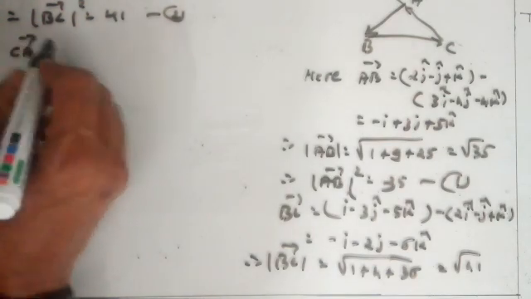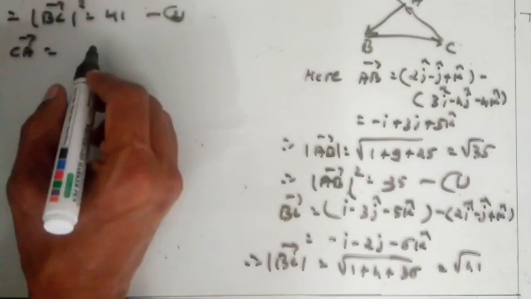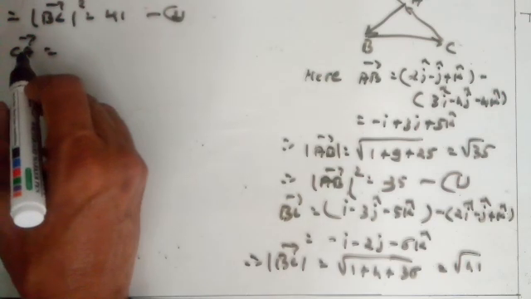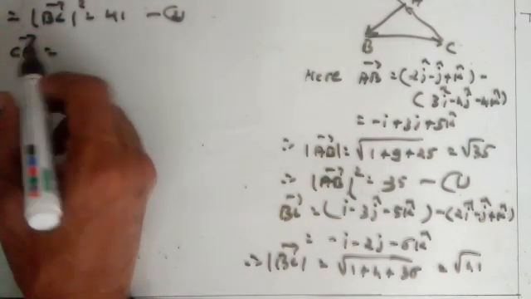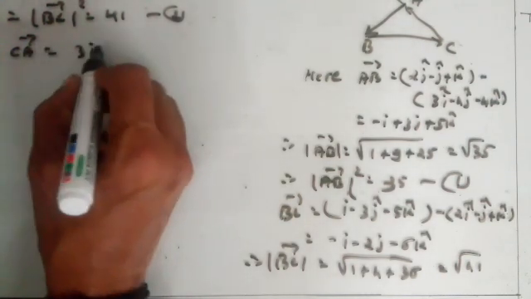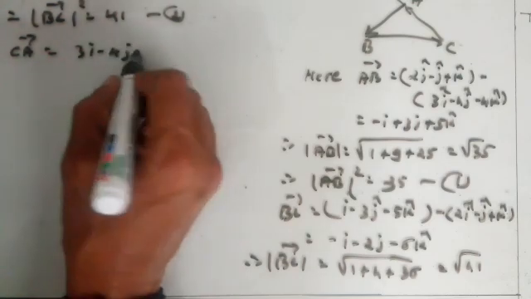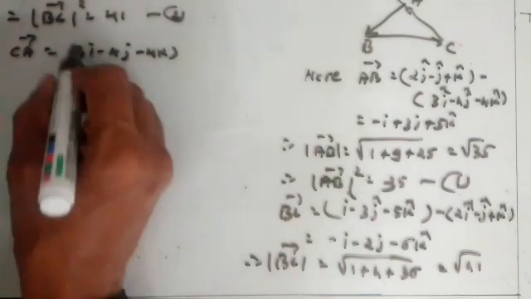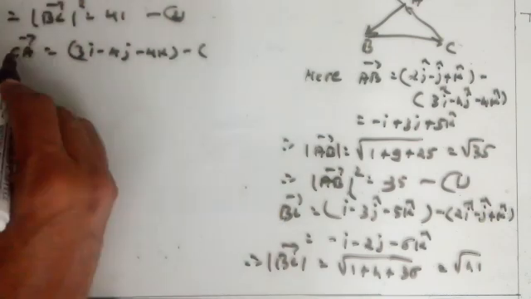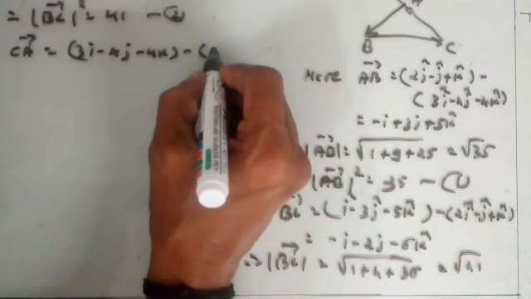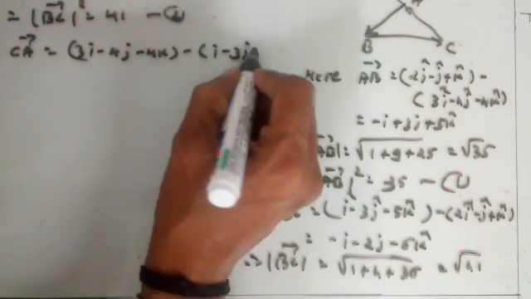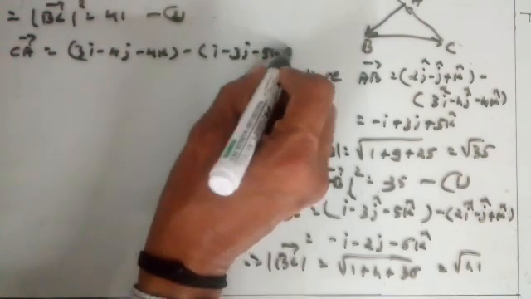Now find vector CA. CA is equal to the position vector of A, 3i minus 4j minus 4k, minus the position vector of C, i minus 3j minus 5k.